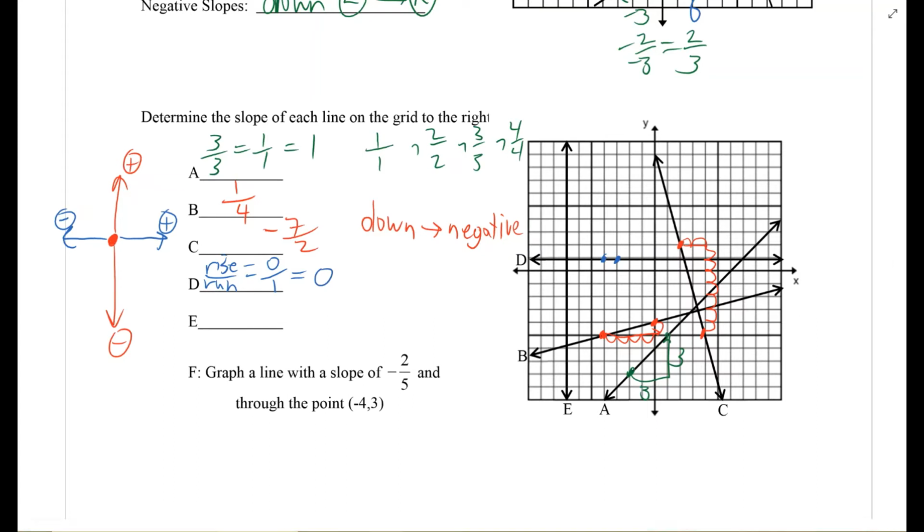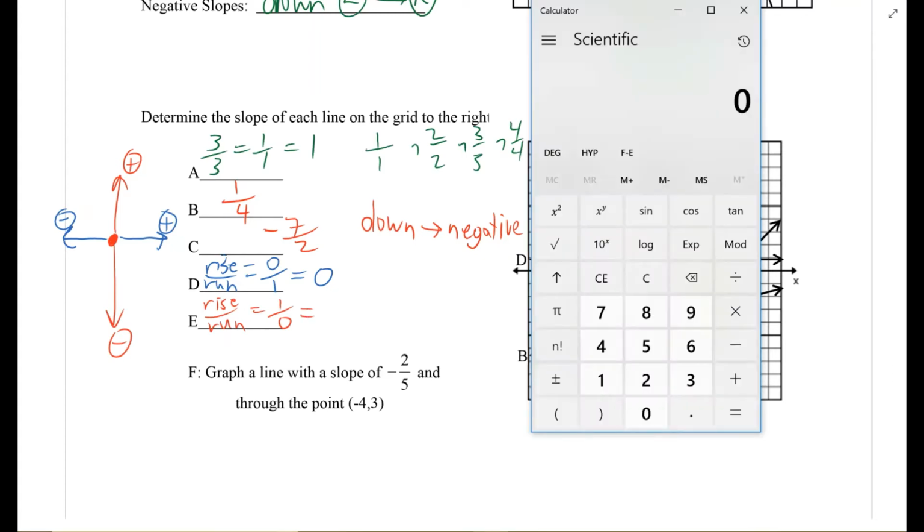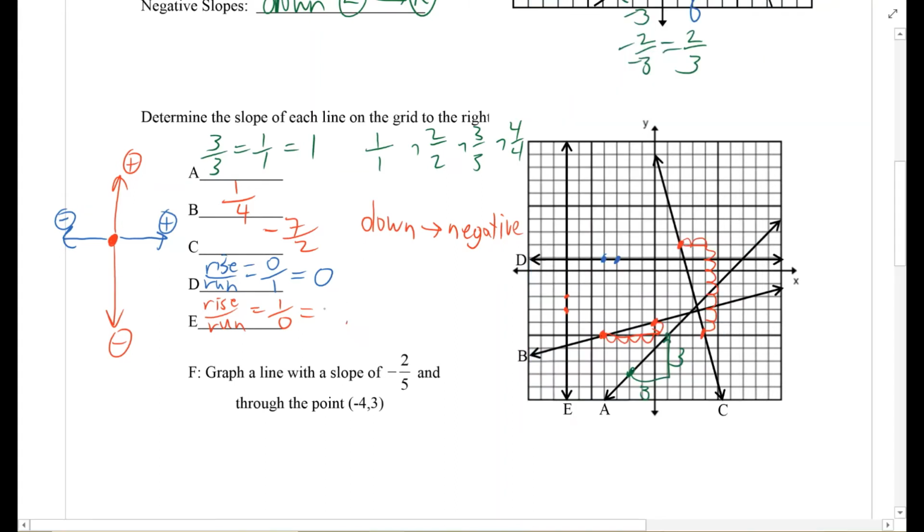Then for E, it's right here, 2 points on the line, so my rise now equals 1, and my run equals 0. And so what happens when that is in the opposite direction? 1 divided by 0, you cannot divide by 0. So this equals null set.